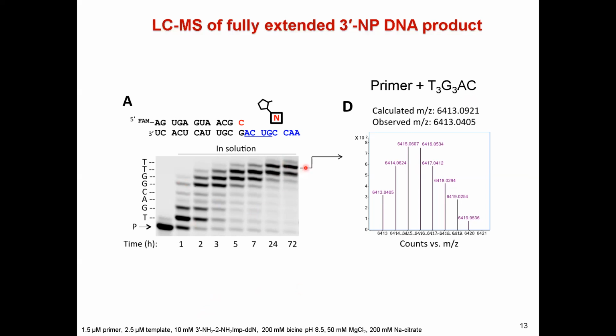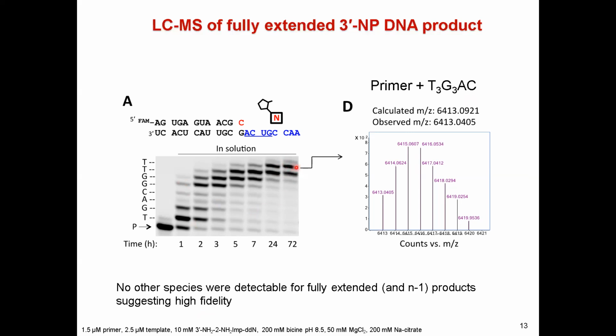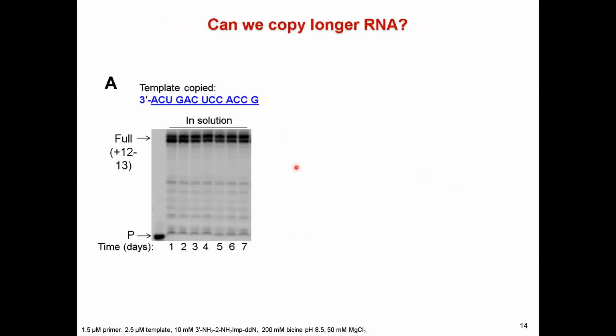So we anticipated that, yeah, this is probably a high fidelity process. And so no other species was detected except our desired composition. So we had indication that this was a high fidelity process.